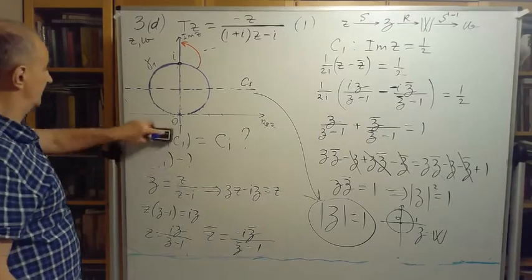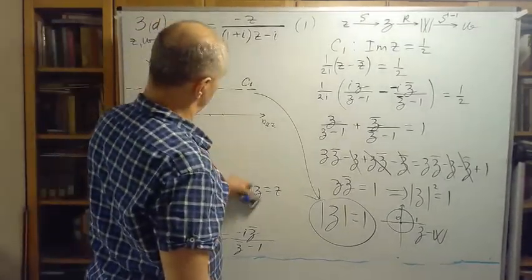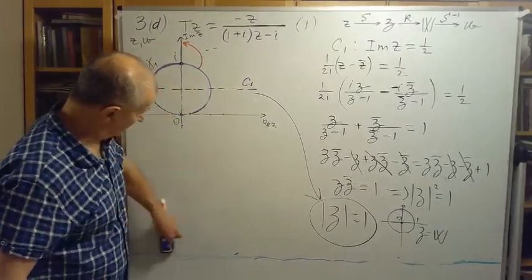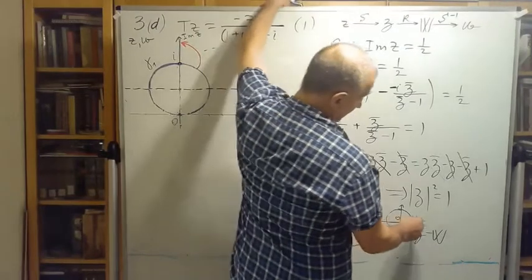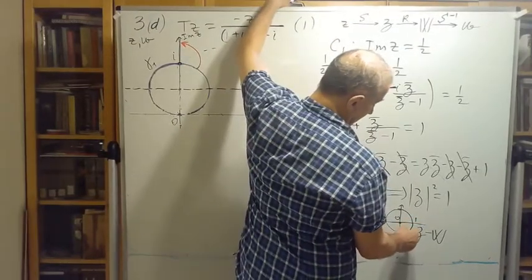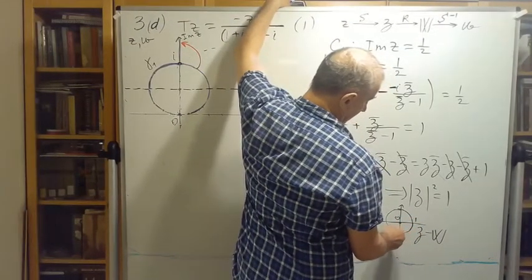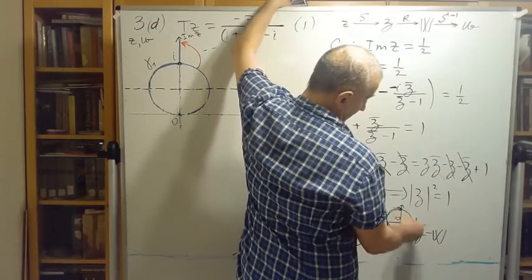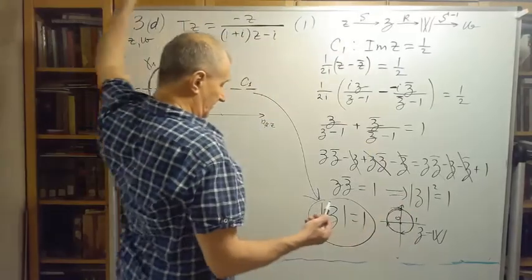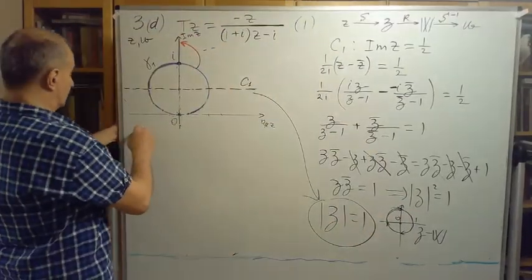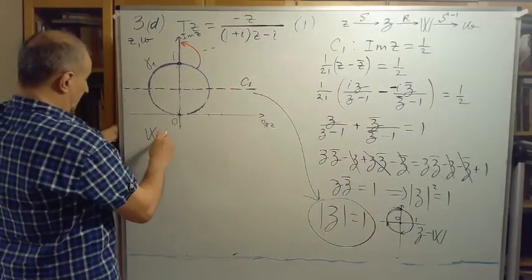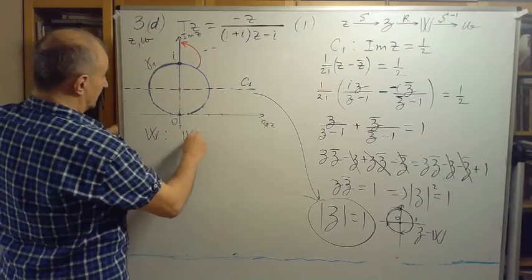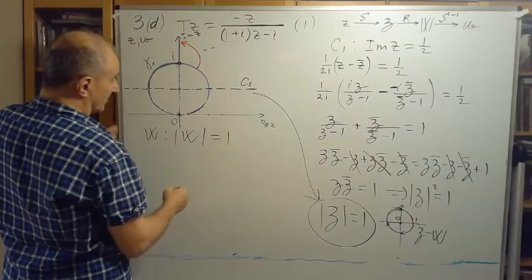And when I rotate this circle through 90 degrees or through any other angle, it goes into itself, right? What happens? The circle stays on its own. So in the w plane, it will be still modulus of w equals to 1.